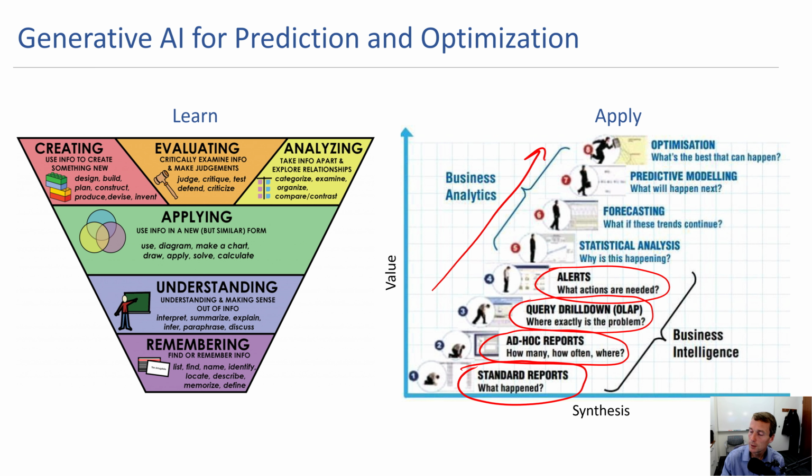And a lot of this is going to come through statistical analysis. It's going to come through forecasting, predictive modeling, and then optimization. What is the best that can happen? So not just what is going to happen if these trends continue, but what can we change to optimize this system?